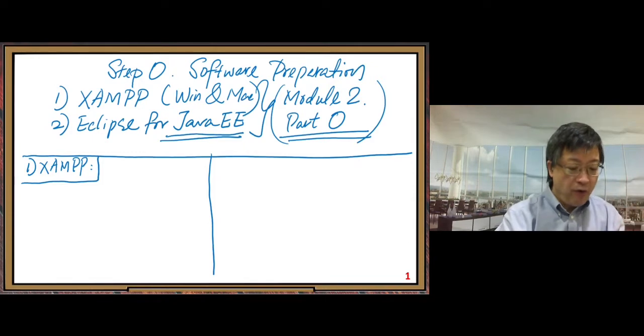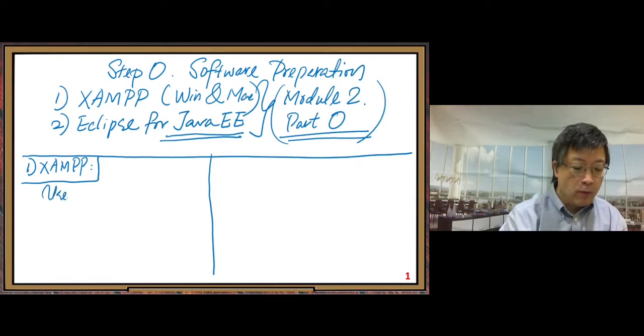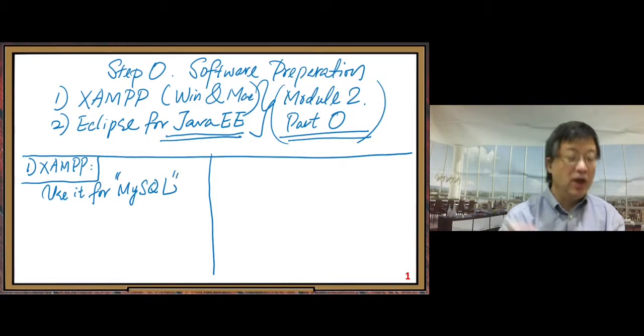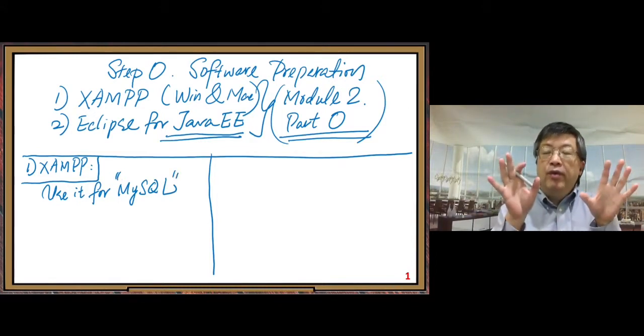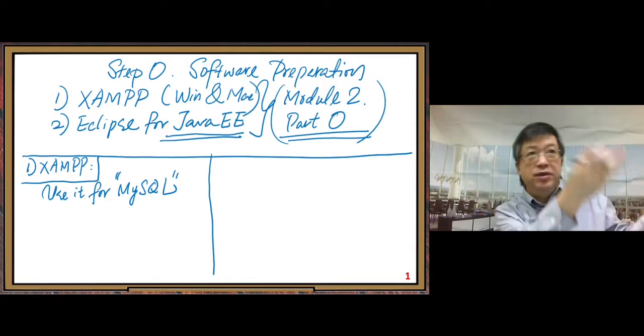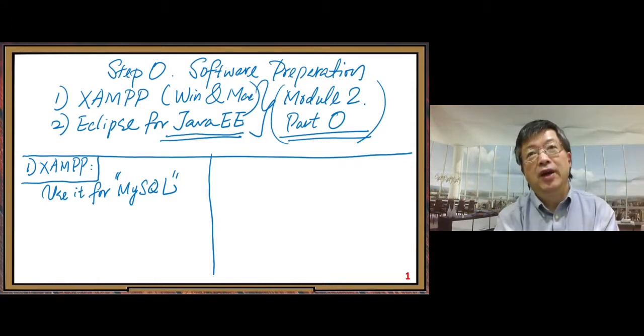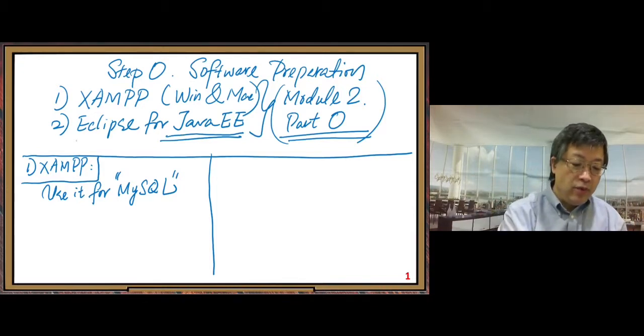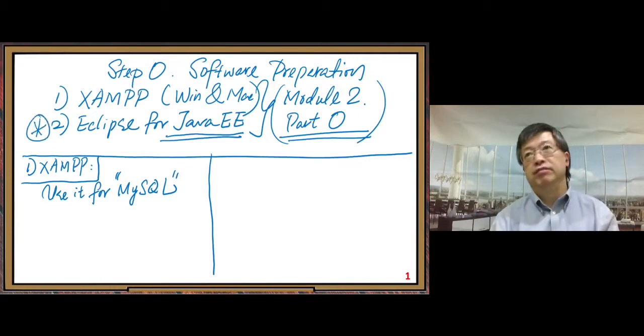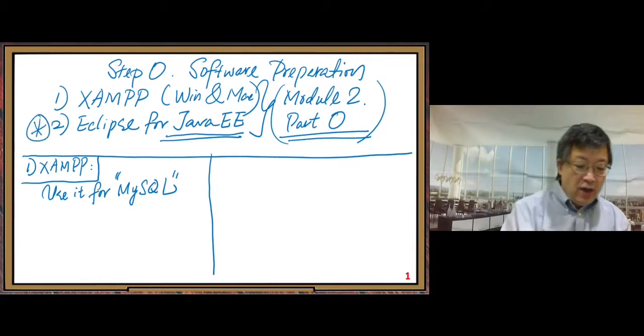We use XAMPP for MySQL, SQL. That's the main purpose, the database. In other words, if we do not use a database, we do not need XAMPP. If we do not use the database part, the Eclipse for Java EE is enough.